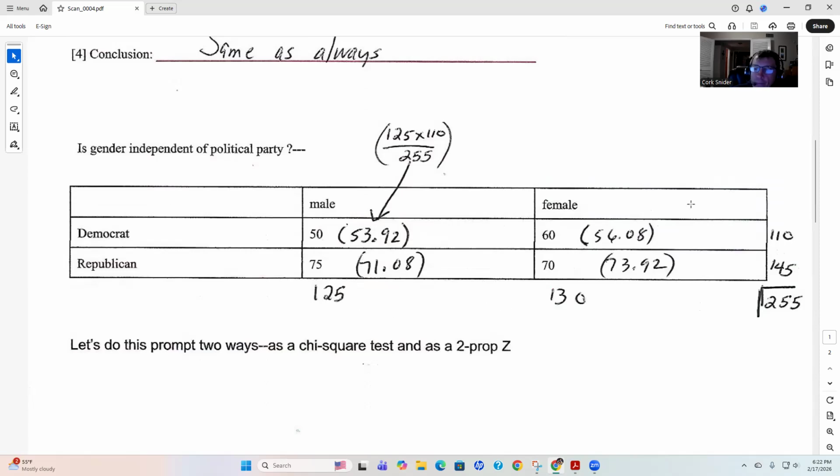So 125 times 110 divided by 255, and that's demonstrated right here. So this female one that's 60, it would be 130 times 110 divided by 255. That's all right here, observed and expected. And you should write those in the table because you're going to make the statement in the conditions that all the expecteds are bigger than 5. So you got to have it written down somewhere.